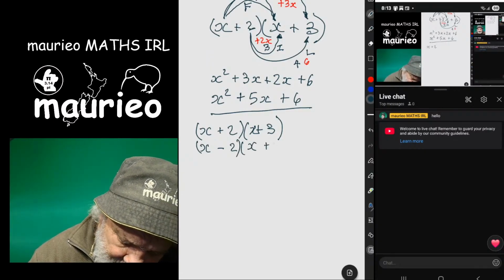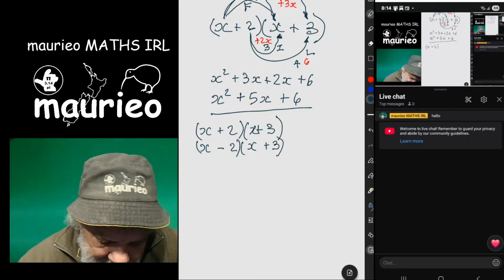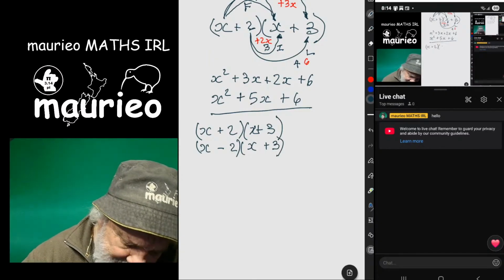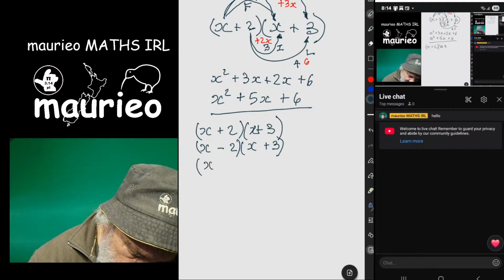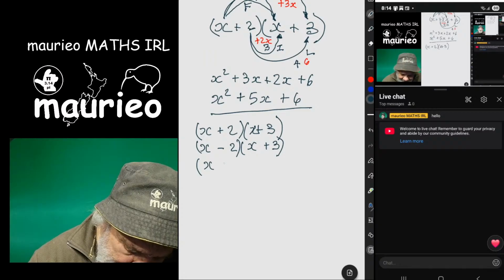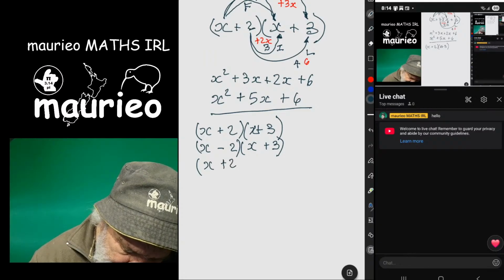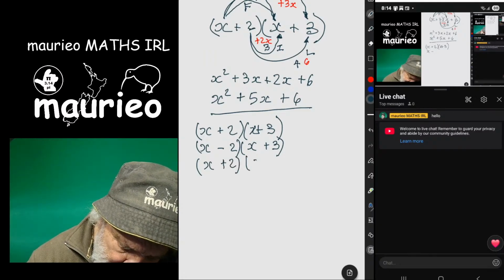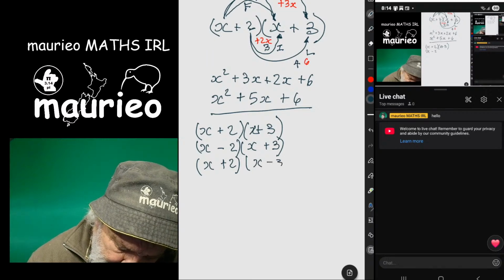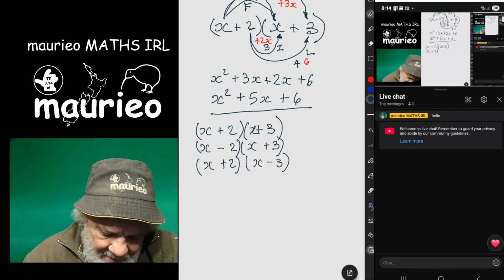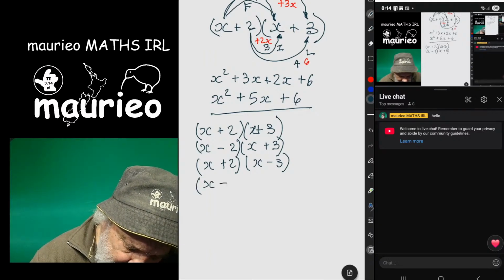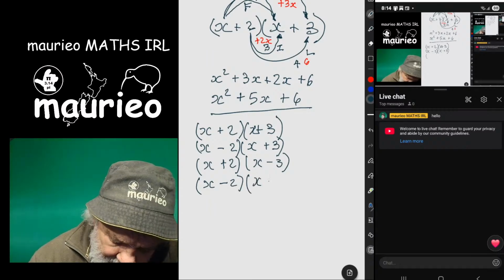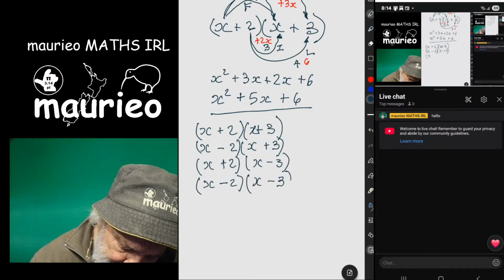Then we're going to go x plus 2 times x minus 3, then x minus 2 times x plus 3, and then finally x minus 2 times x minus 3.